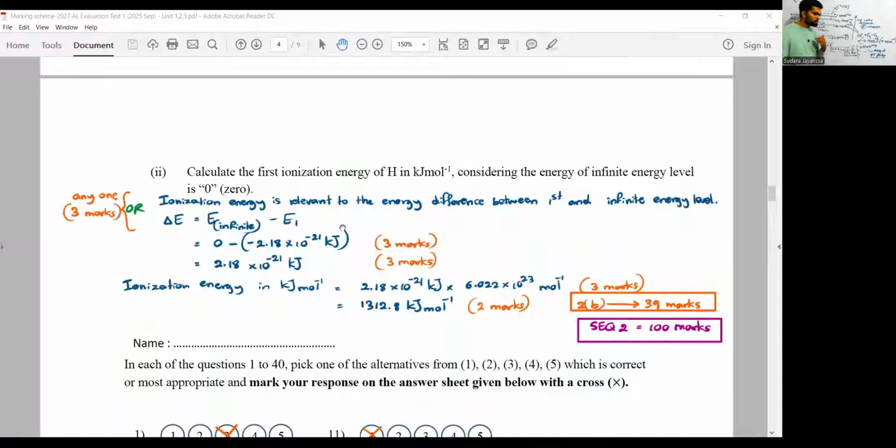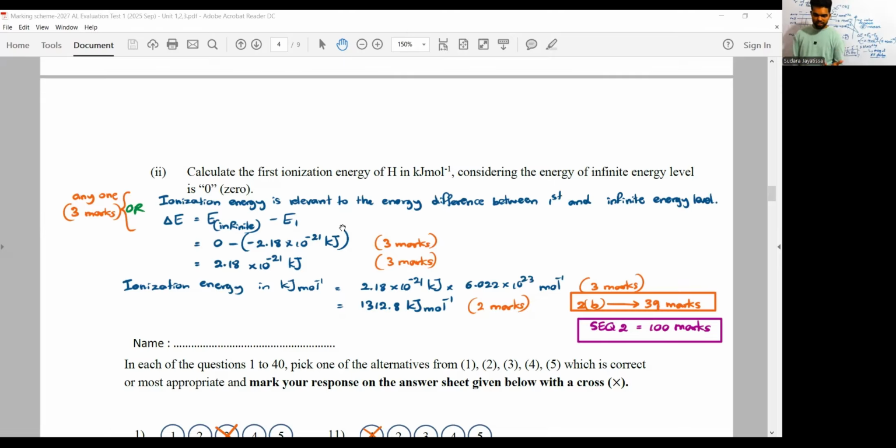If you go to the infinite energy level, it is the one that feels the minimum attraction. So during ionization, what is simply happening? The electron is moving from the first energy level to the infinite energy level.